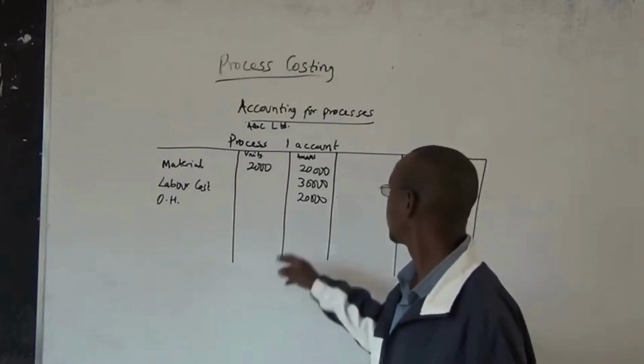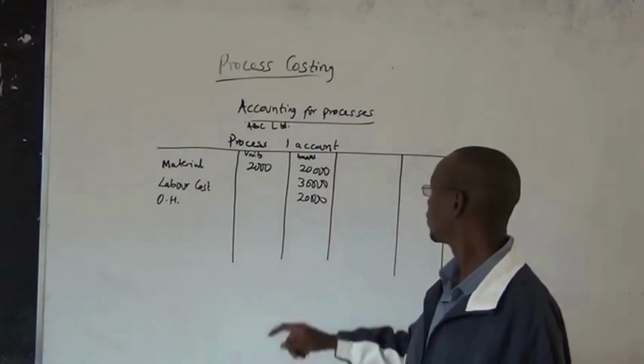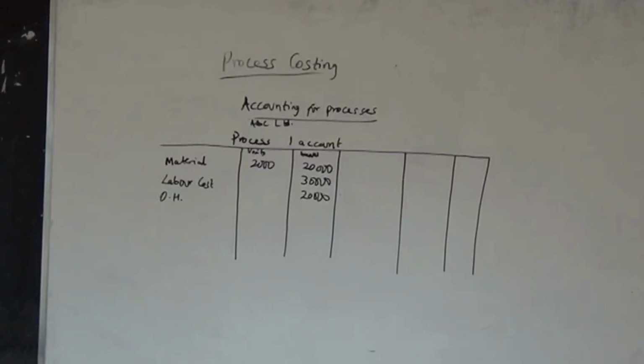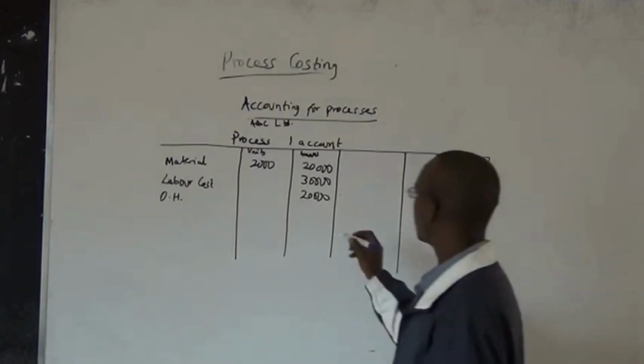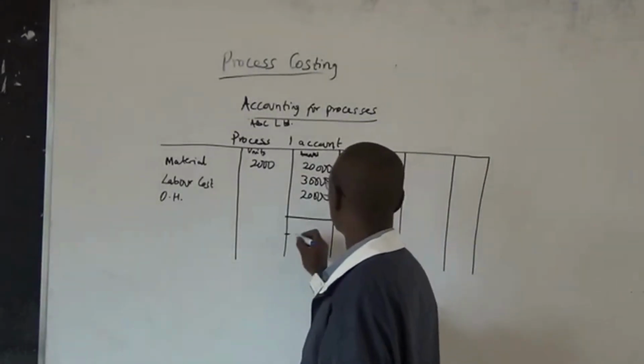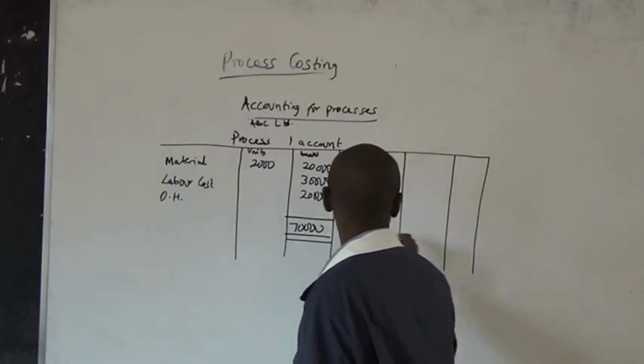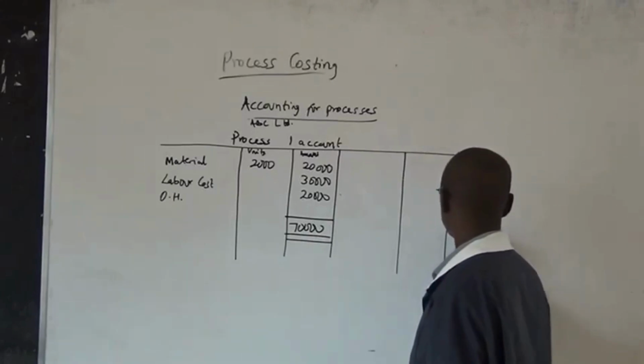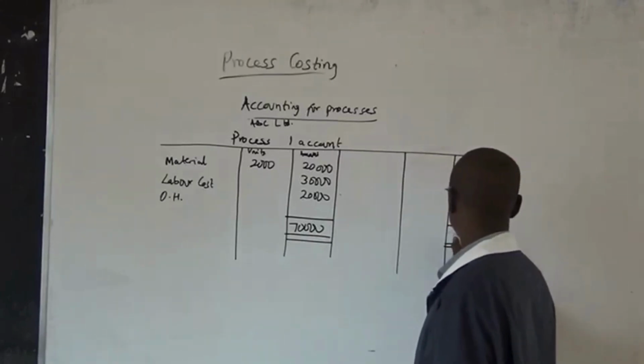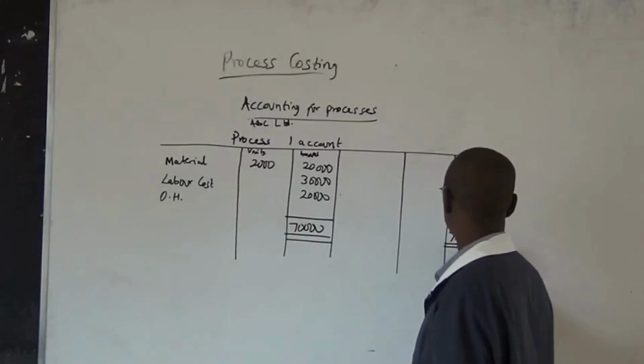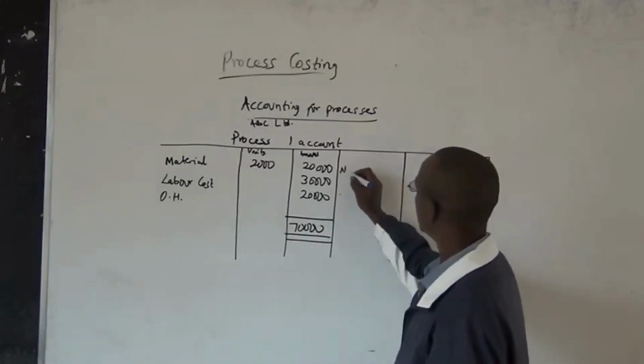Add this. So this one has given us a total of 70,000. And both sides are 70,000. But you have calculated the normal loss.